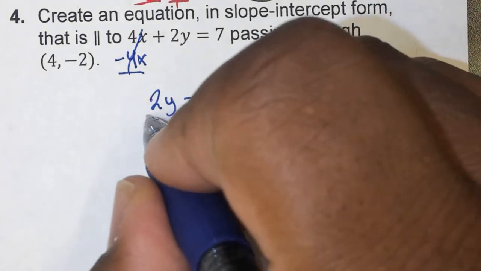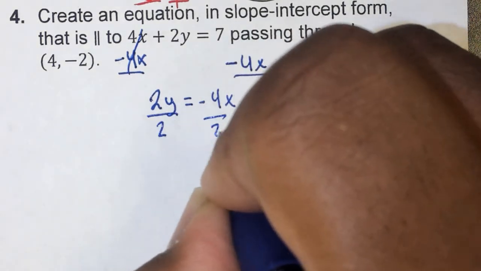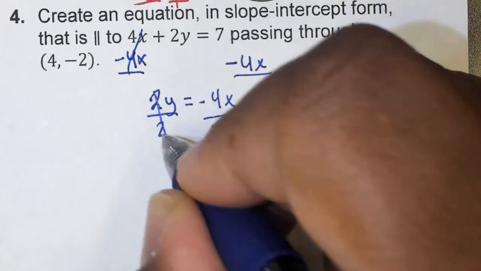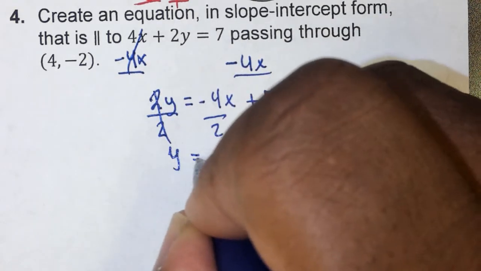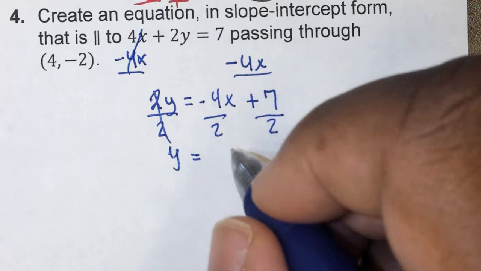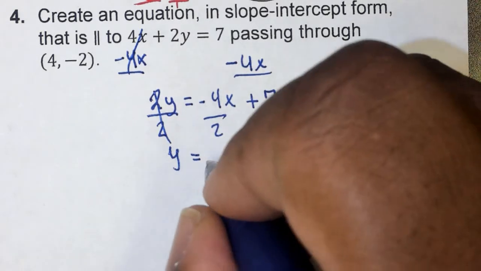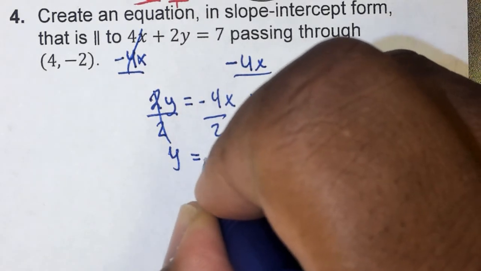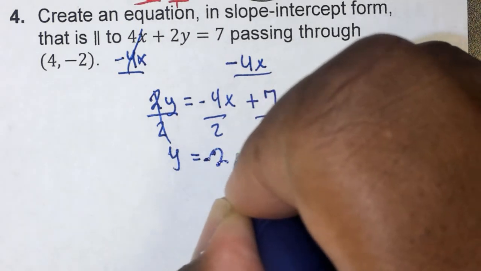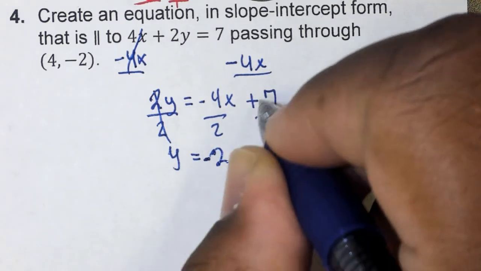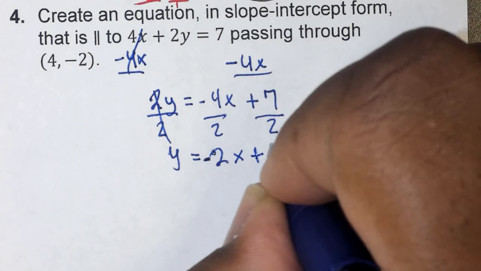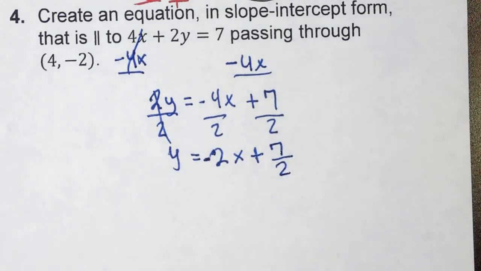And then everything gets divided by 2. Here, negative 4 over 2, negative 2x. Over here, can't simplify that, so 7 over 2.